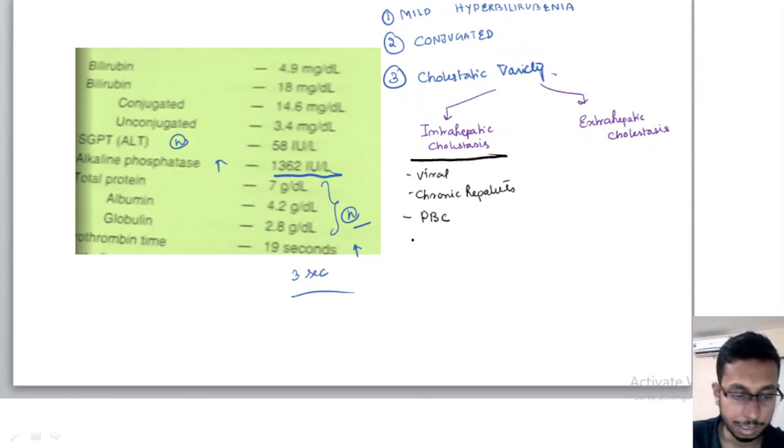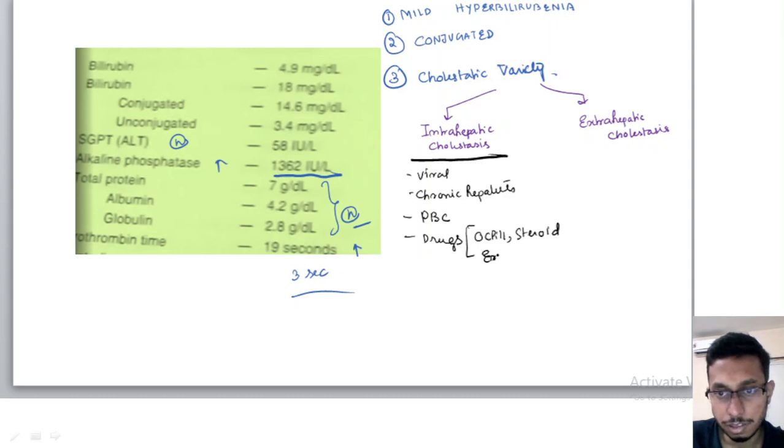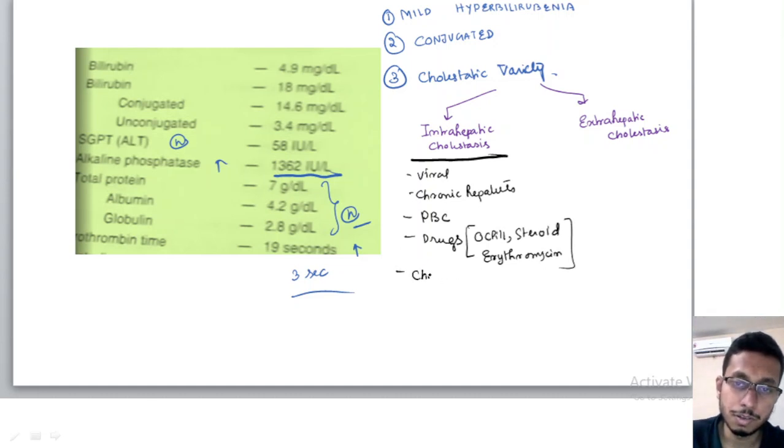Okay, it can be due to drug-induced liver injury or drug-induced biliary injury. Important drugs are OC pills, steroids, even erythromycin. These are the ones which can cause cholestatic jaundice. Okay, or it can be cholestasis of pregnancy.